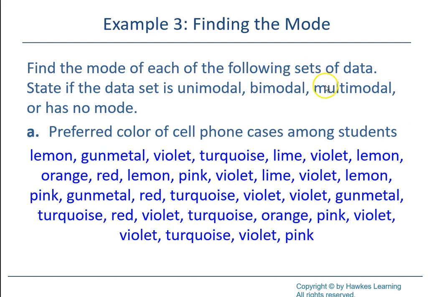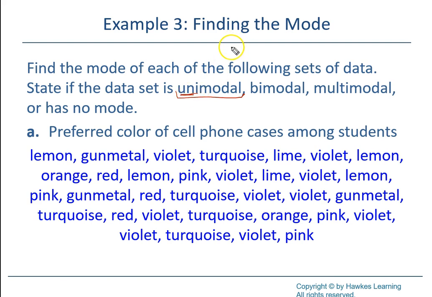Now, sometimes as you look at data, let's just note these words here. If there's just one value that's used most often, we say our data is unimodal, uni being the prefix for one.